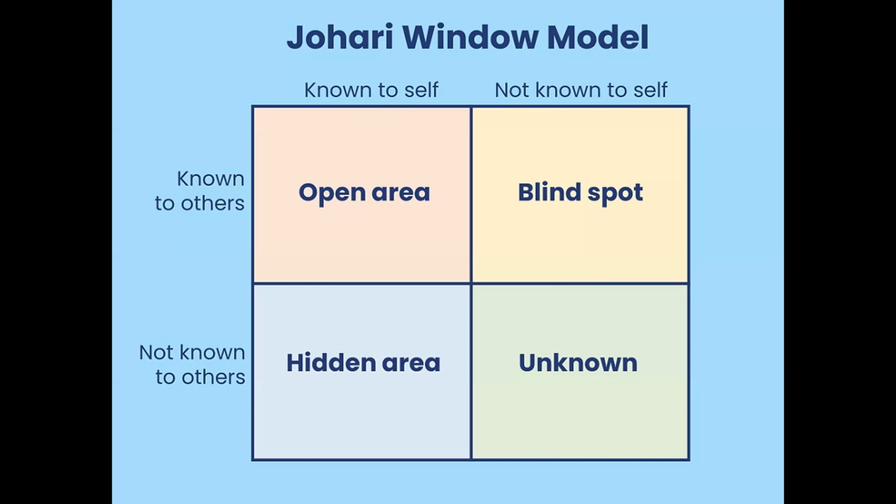So the hidden area, bottom left, is not known to others or to self. And above that, the open area, top left, is known to others, known to self. Then on the right-hand side, not known to self, we have blind spot and unknown. So the unknown box, bottom right, is not known to others or to self. And the blind spot, top right, is known to others, not known to self. I'm making this sound more complicated than it really is.